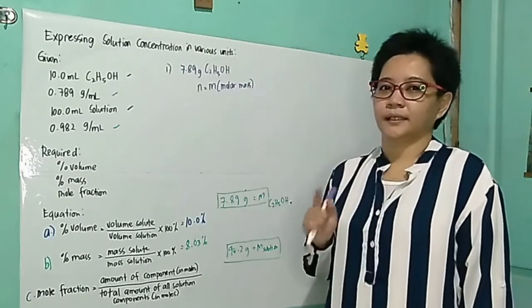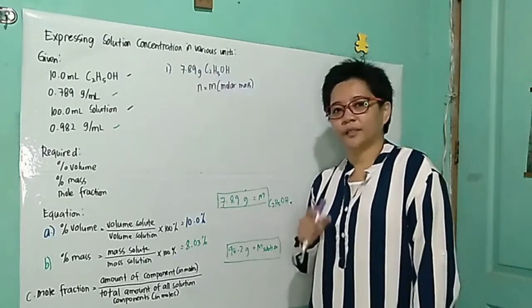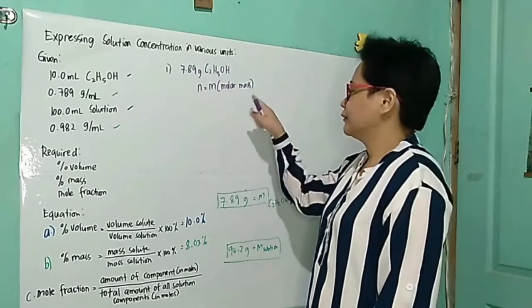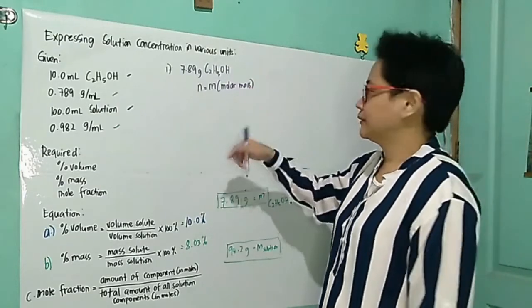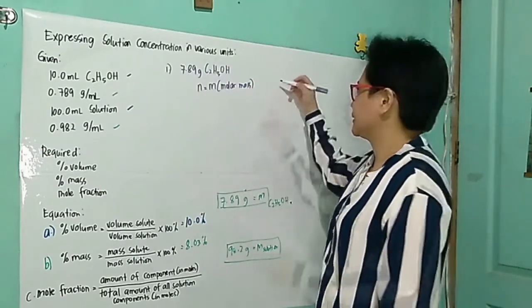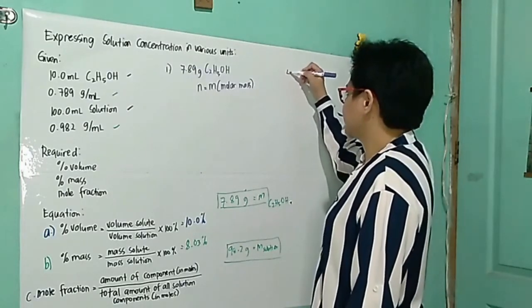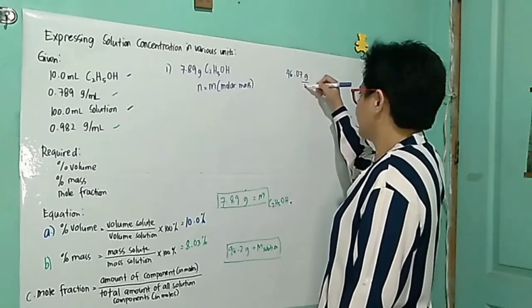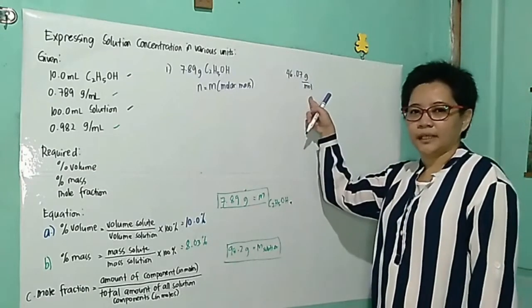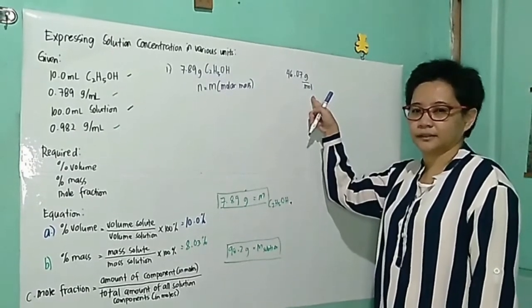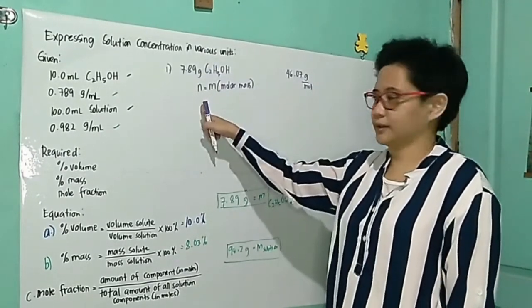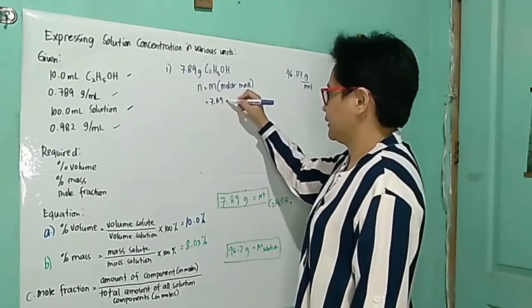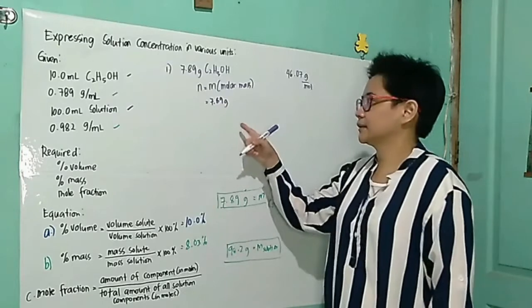We will substitute the values of mass and the molar mass. Molar mass is the sum of the molecular weights of the present elements in this substance. For ethanol, the molar mass is 46.07 grams per mole. This will be our conversion factor for the number of moles. We have the mass, 7.89 grams of ethanol.